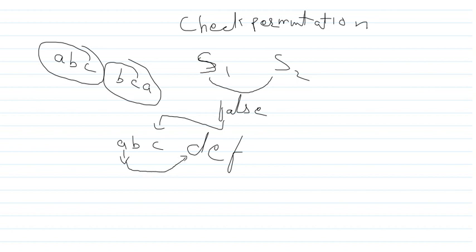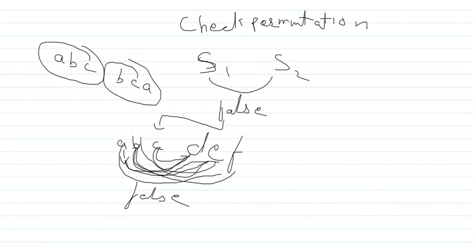If we didn't find the character A, then we can simply return false. If we find the first character, then we need to check the second character, B with D, B with E, B with F, and C with D, C with E, and C with F.